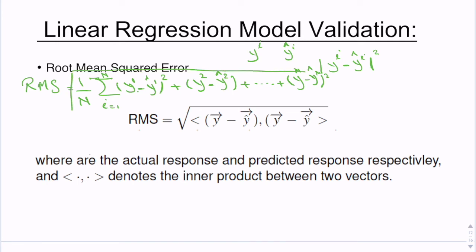This is called mean square error. I forgot here to put 1 over n. So this is how we compute the mean square error.